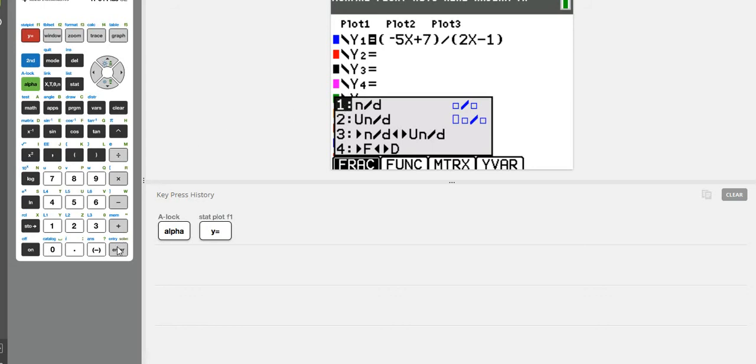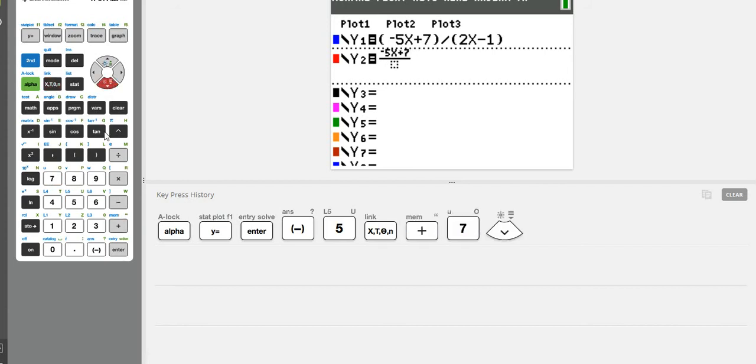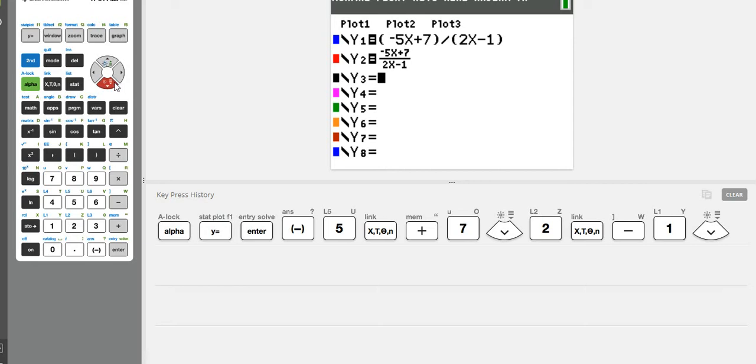So I'll press that, and I can just type this in now without parentheses, because it's going to see, oh, all this is in the numerator and all this is in the denominator. So negative 5x plus 7 divided by 2x minus 1. The only drawback to this is that depending on the settings of your calculators, it might just give you a fraction as opposed to a decimal. But that's okay. All we're really interested in is whether it's positive or negative.